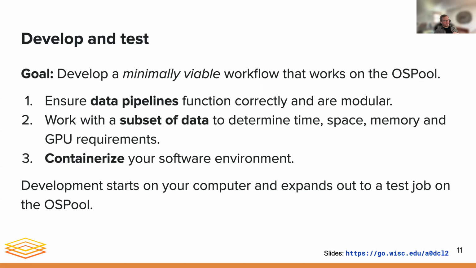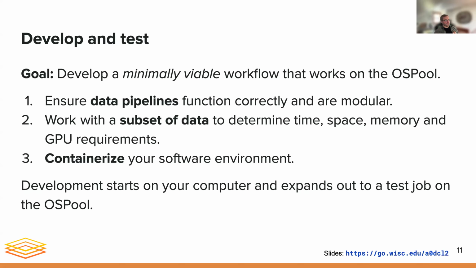And as you go through this process, you'll be working with a subset of your live data just to, A, get a sense of whether things are working, and B, get a sense of order of magnitude, what are the resource needs that I have here. So if my training data set is 100,000 images, maybe I'm working with 100 on my laptop. How long does it take for that process to run on that small subset of data?